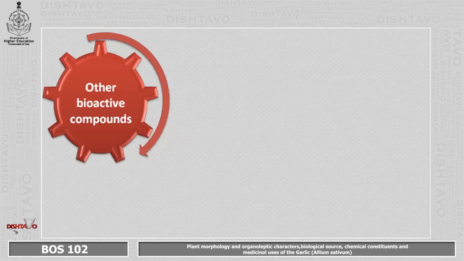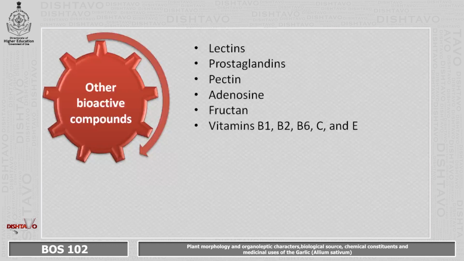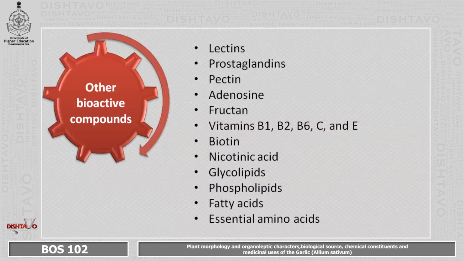The other bioactive compounds of garlic are lectins, prostaglandins, pectin, adenosine, fructan, vitamins B1, B2, B6, C and E, biotin, nicotinic acid, glycolipids, phospholipids, fatty acids, and some essential amino acids.